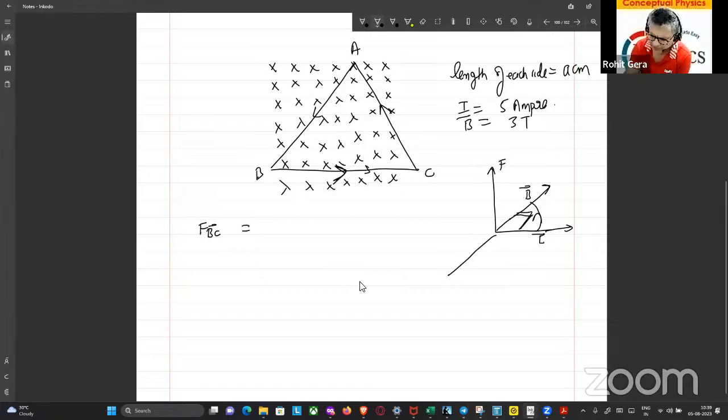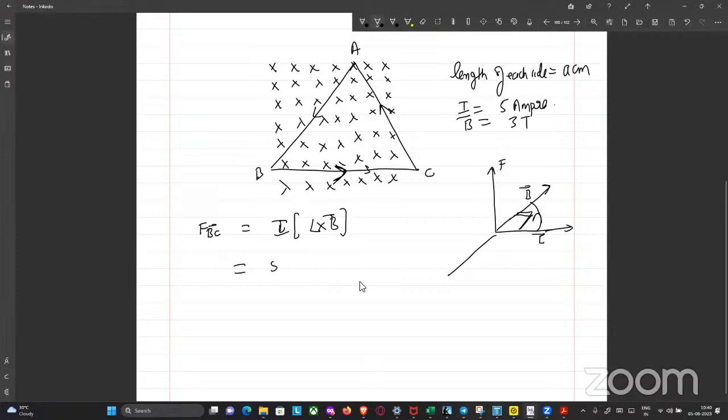So force on this will be I L cross B. Current is 5 amperes.